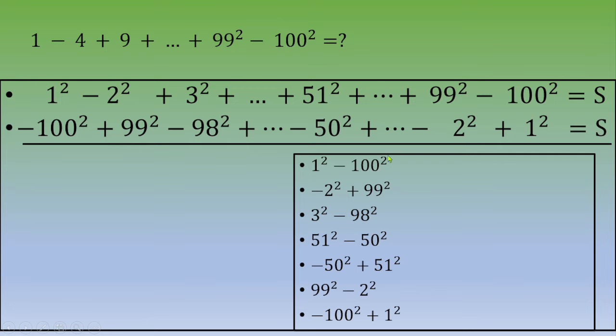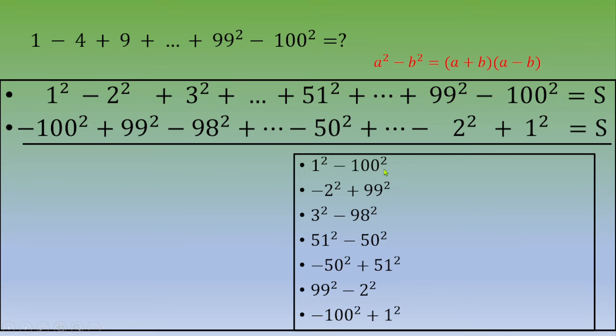You can notice that these two terms are always a squared minus another squared. So we can calculate this very easily thanks to this formula: a squared minus b squared equals a plus b times a minus b.